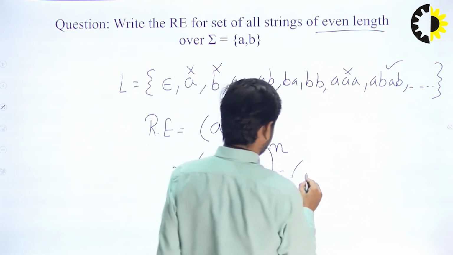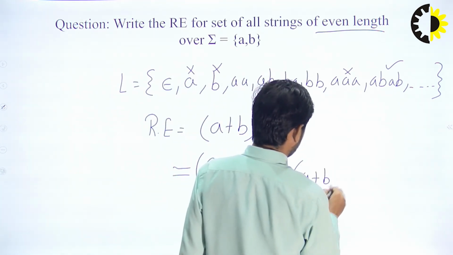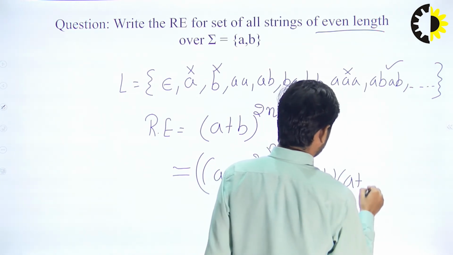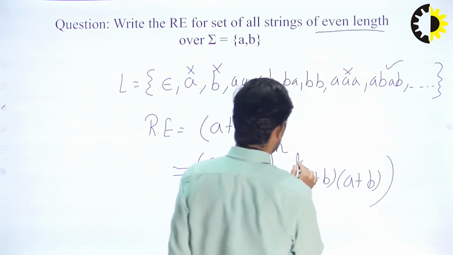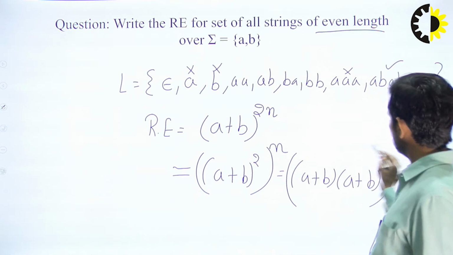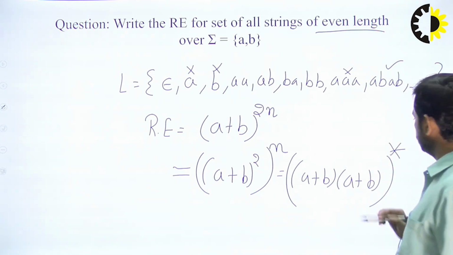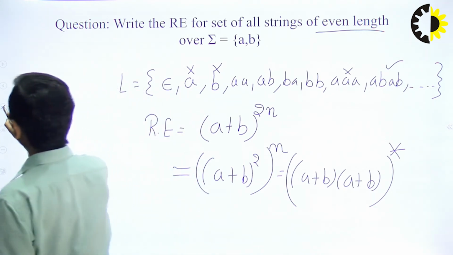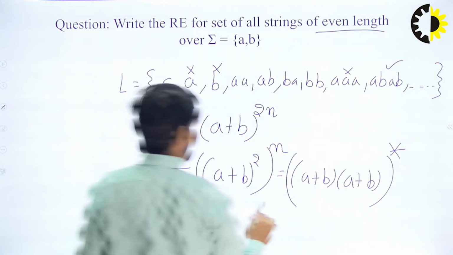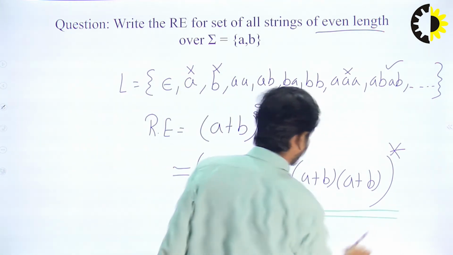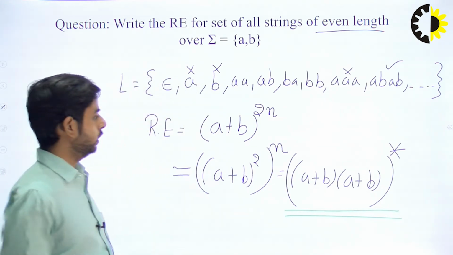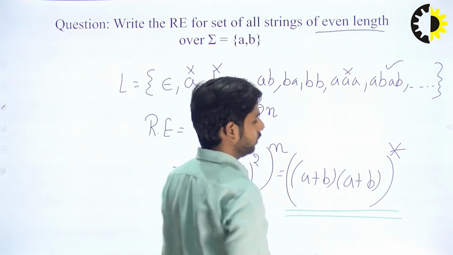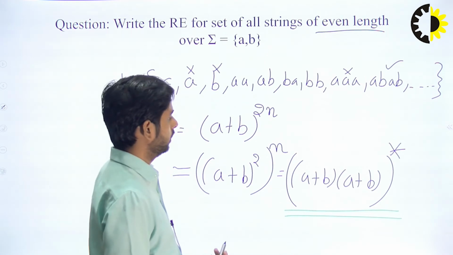Now I can write (A+B)(A+B), and this n can be equivalent to star. So this is the final required regular expression, where the length of the string is even.